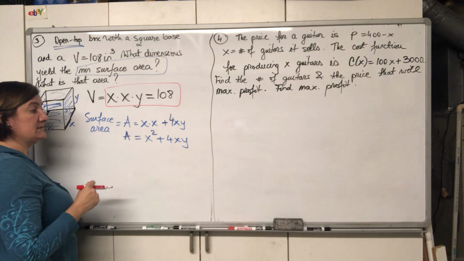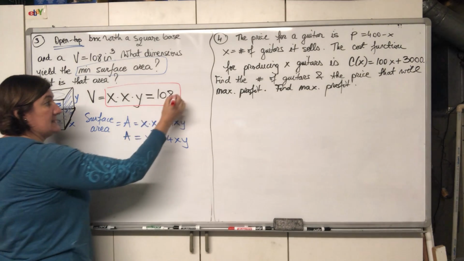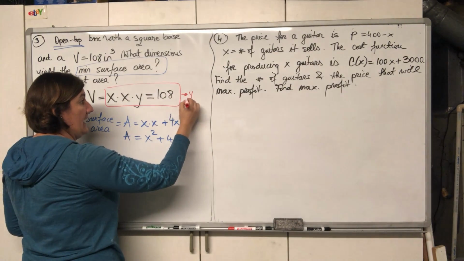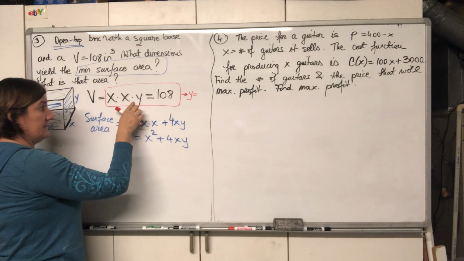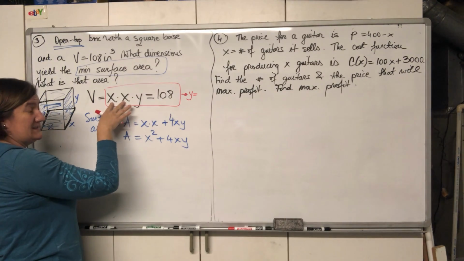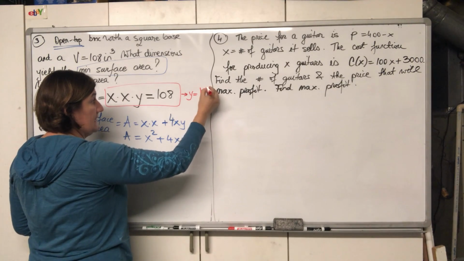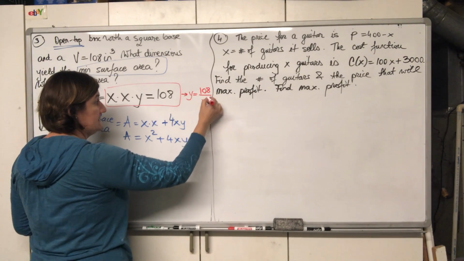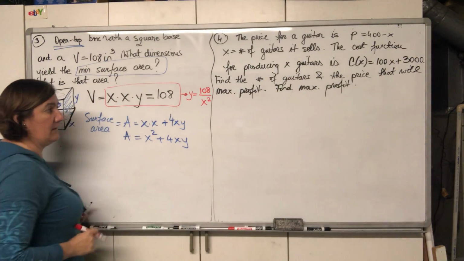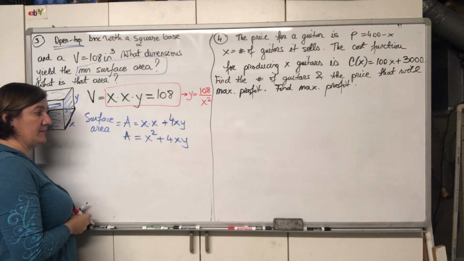So what I'm going to do again is take this equation and solve it for y. If I solve this one for y, all I have to do is divide by x and x again. So y easily comes out to be 108 divided by x squared, right? So we divide both x factors from both sides.